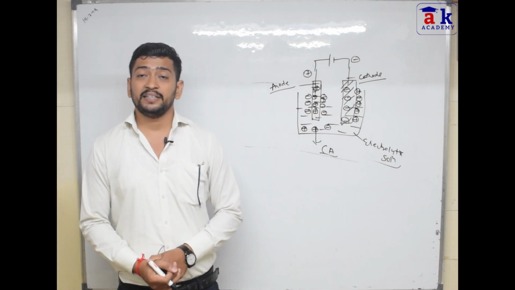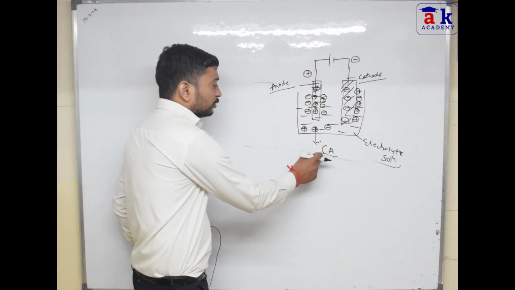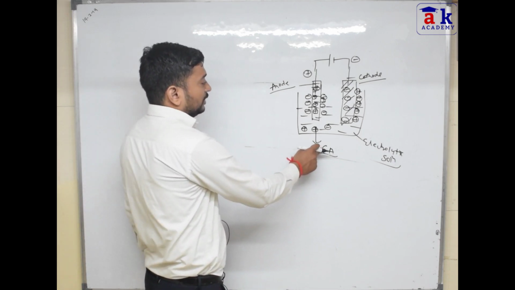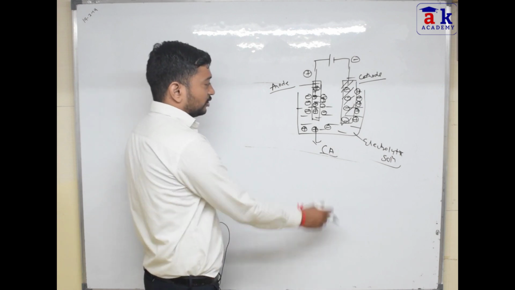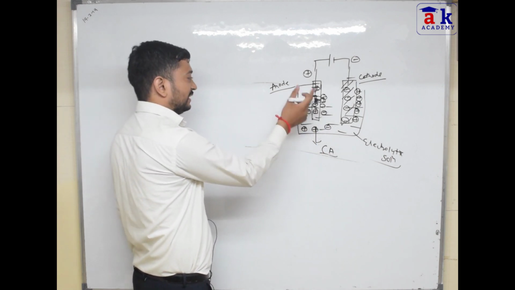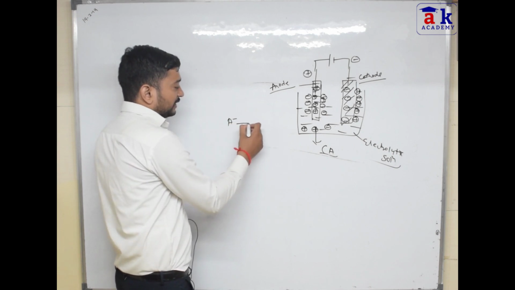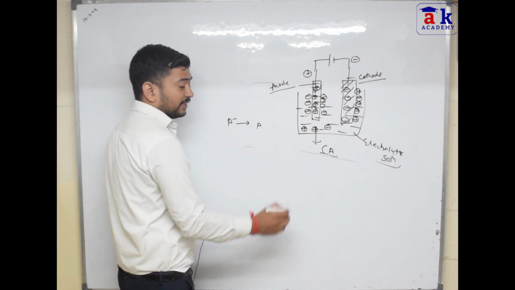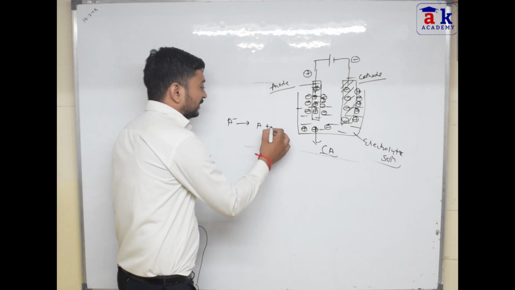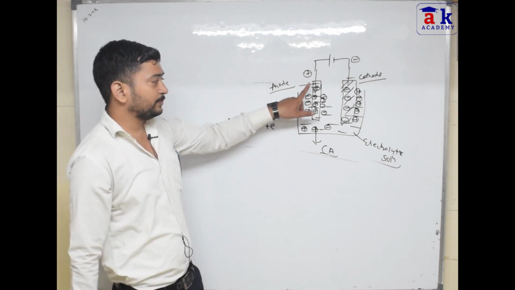Now let's see what the reaction will be. Here we have this cation and this anion, and on this electrode all the anions are here. If we have A minus, definitely this A minus will get converted into A plus an electron, because this is the positive electrode.